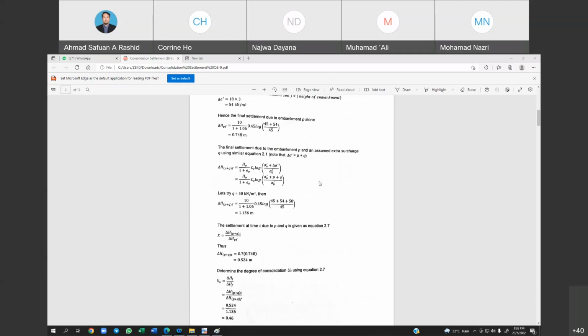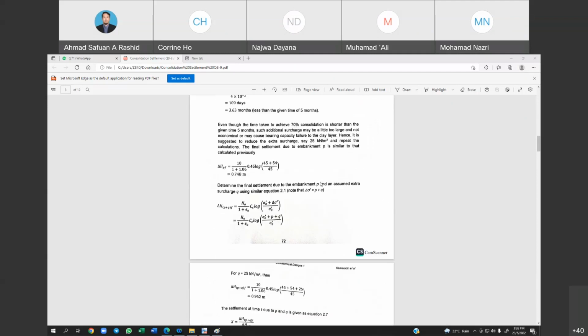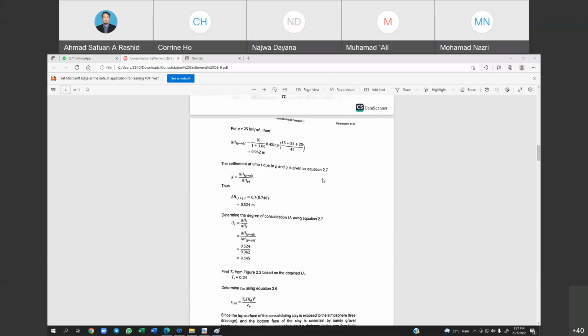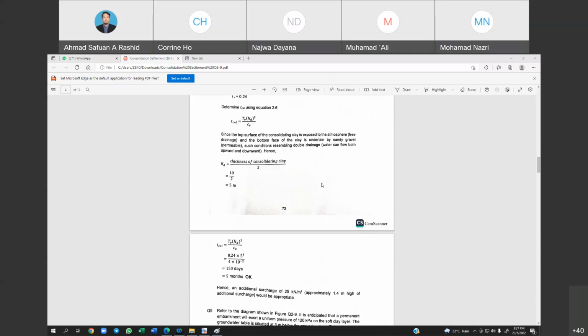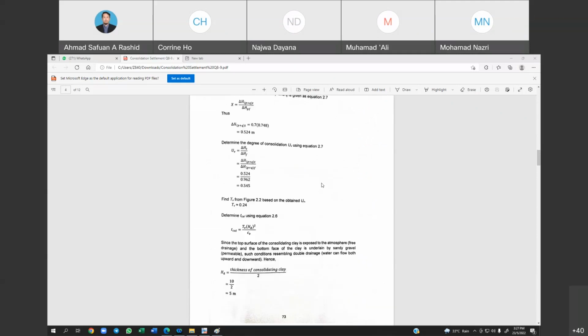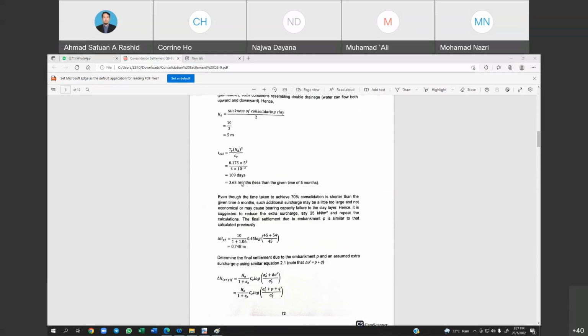So when we compare, we assume it is 70%, but we need to make sure that it is within the 5 months punya duration, not less than 5 months.